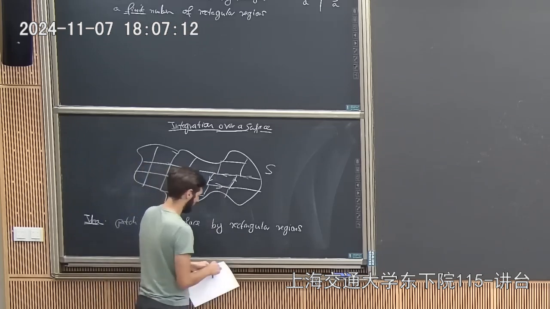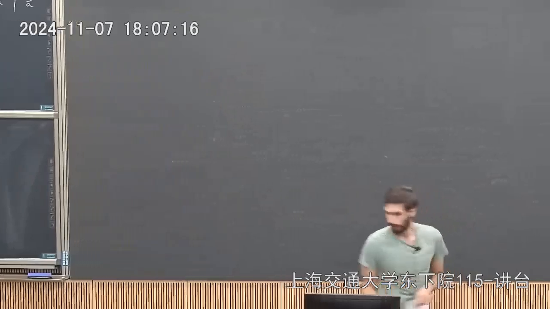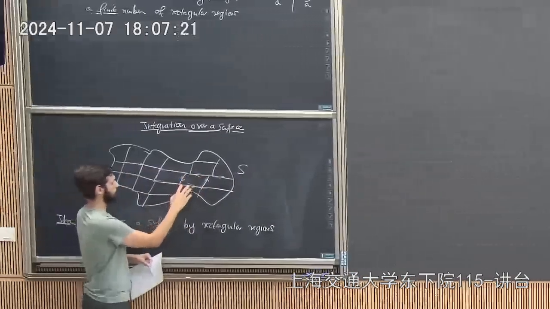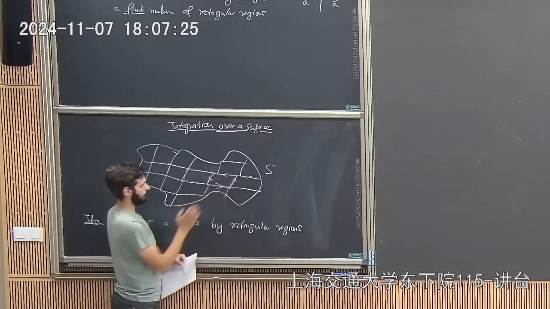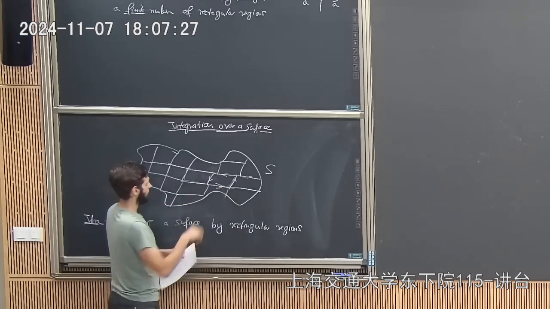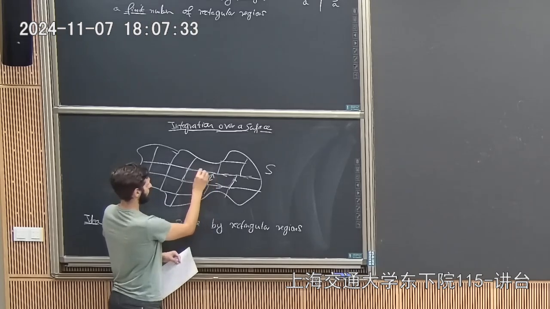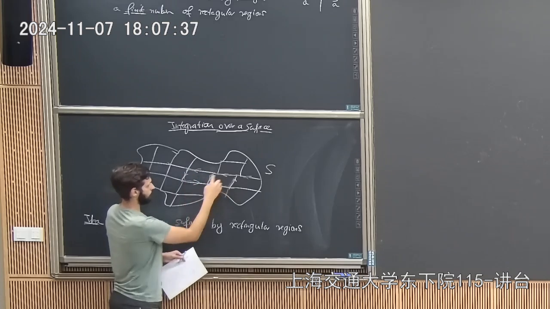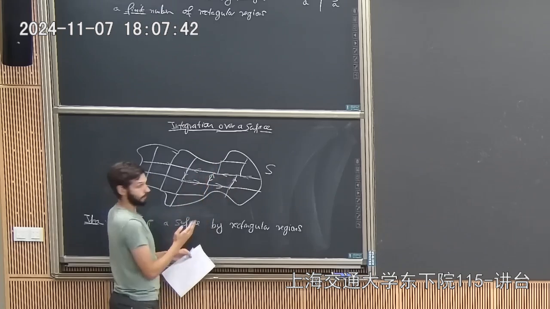So for that, I need to make sure that I walk around this. I can think of the orientation of this one particular rectangle as saying what is the orientation of the boundary, and then I need to make sure that I walk around this other rectangle in the opposite direction. You see, here one of them, the white one, is walking downwards, and the green one is walking upwards.